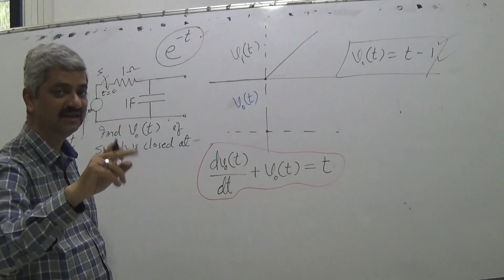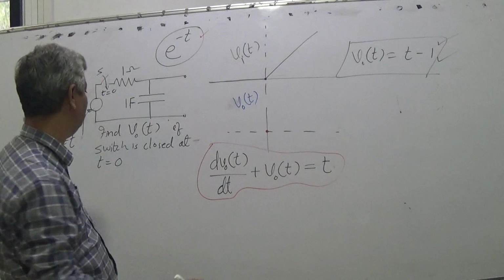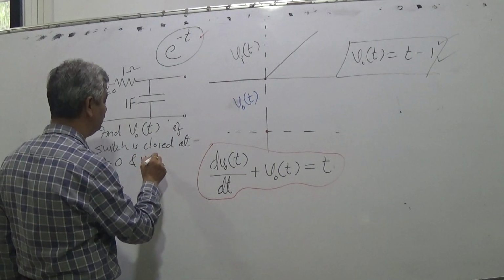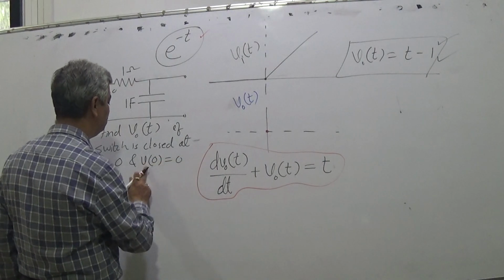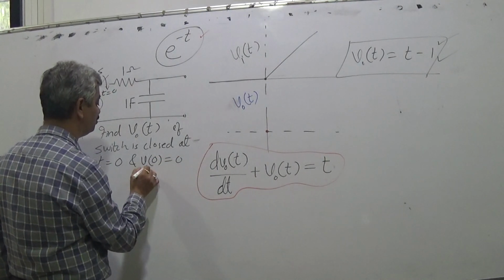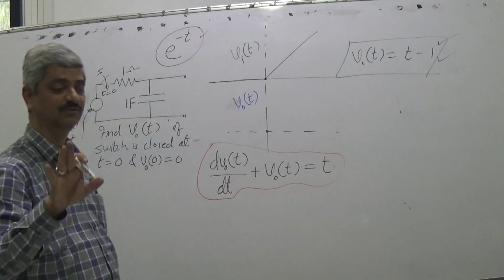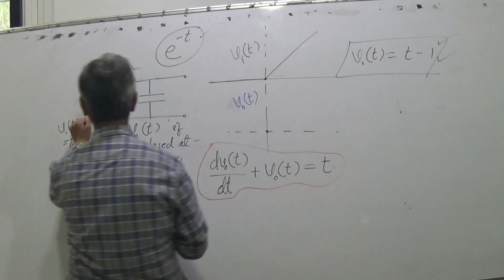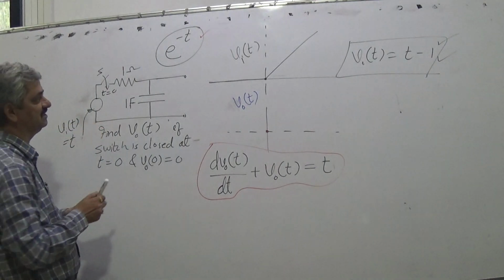capacitor needs something else to get complete meaning, and VO 0 is 0. Means the capacitor is discharged. Capacitor was not holding any charge, and you are connecting an input which is rising.